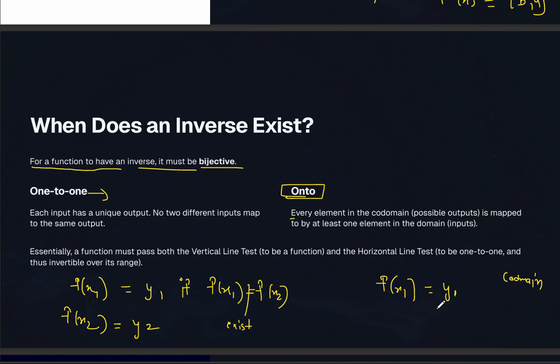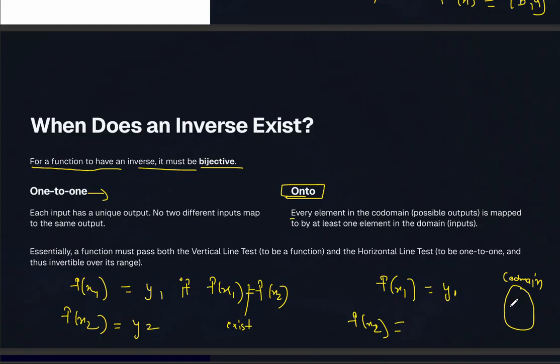Or in a simple way, we can say that the output produced by a function should have at least one value in the codomain. Suppose we take an input x2, the output produced by taking input value x2 should have at least one value in its codomain.